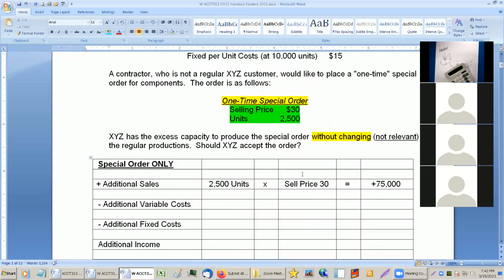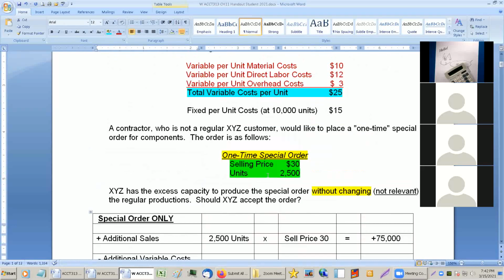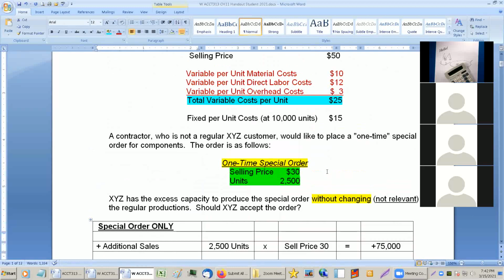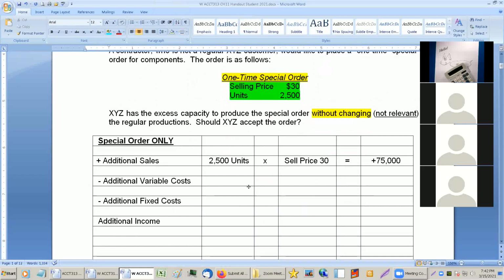Again, you can leave them separately. There's nothing wrong with that. If you put in three lines for additional costs, you do it separately. I just did all at once because I can be lazy at times. Okay, so the cost per unit is 25.